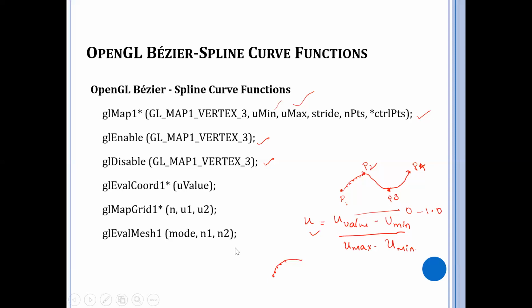Parameters n1 and n2 specify the integer range corresponding to u1 and u2. Parameter mode is assigned either GL_POINT or GL_LINE, depending on whether we want to display the curve using discrete points, that is a dotted curve, or using line segments.